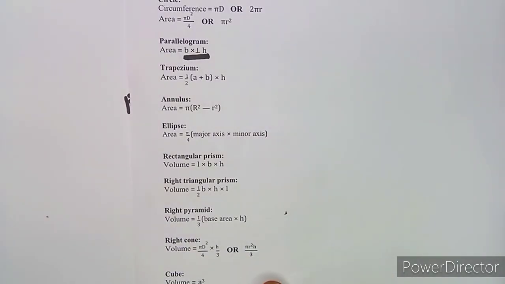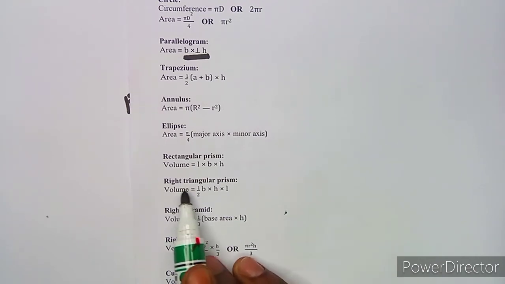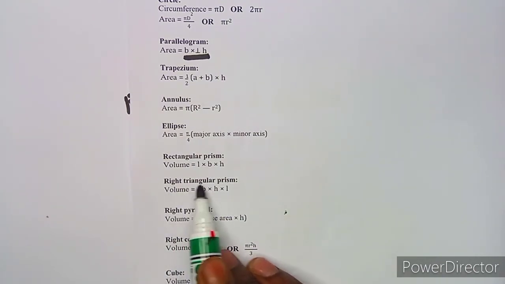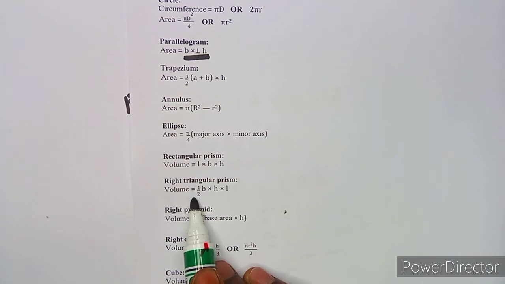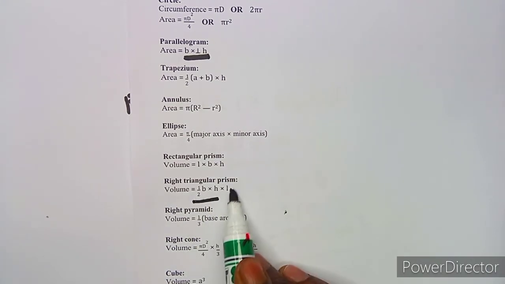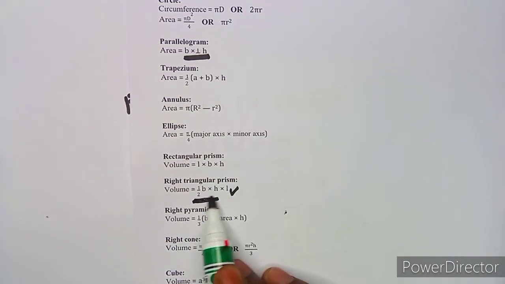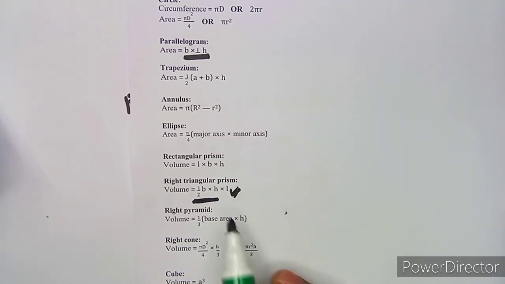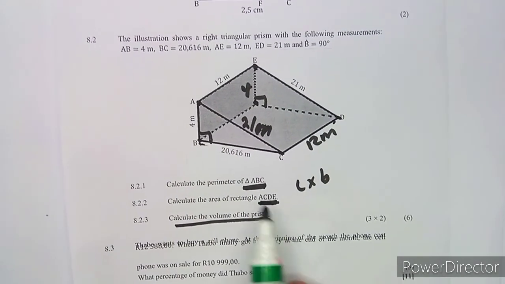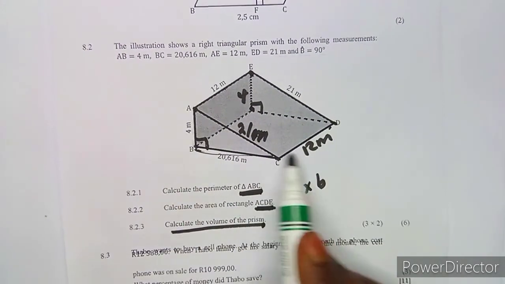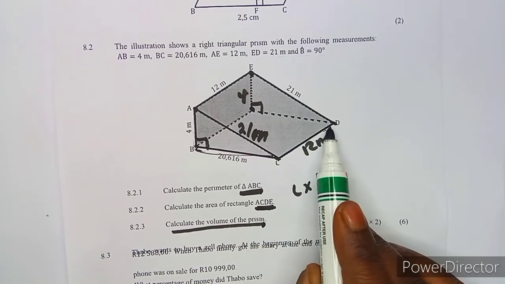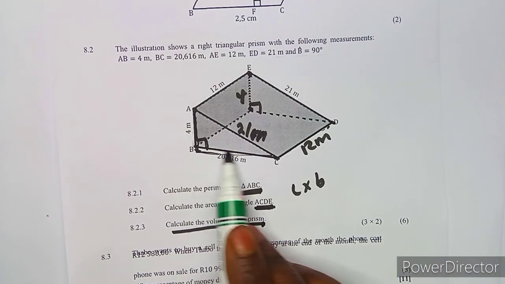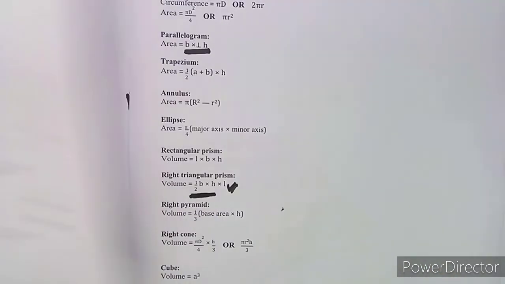Remember, when you are working with a right triangular prism, the volume is the area of the triangle times the length. So this half base times height here is the area of the triangle, not the rectangle. So the volume is going to be the area of this triangle times the length to the other side. The area of the triangle is half base times perpendicular height.